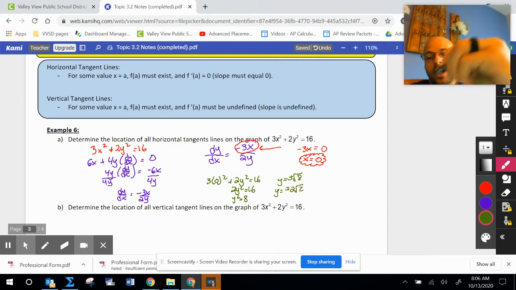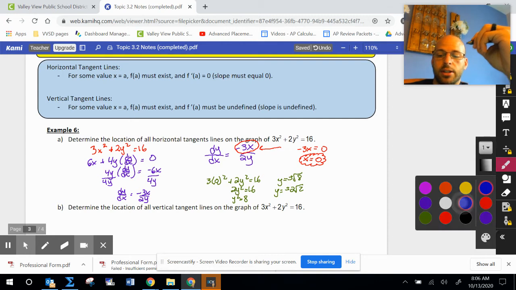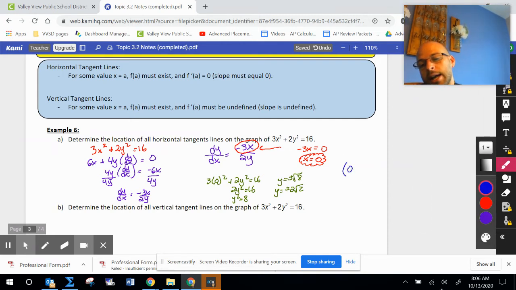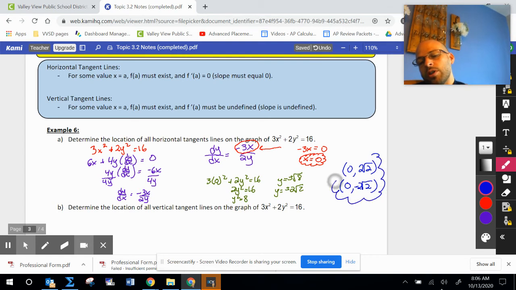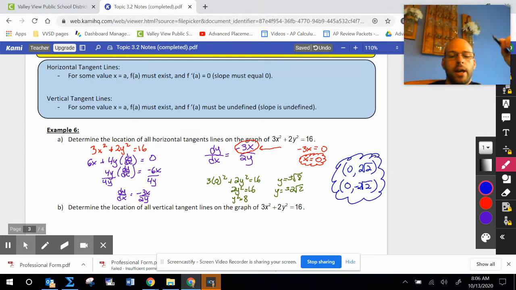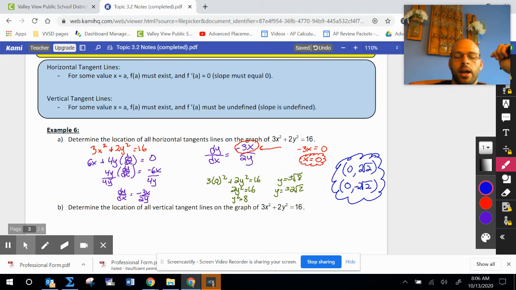So my answer for the horizontal tangents is (0, 2 square root of 2) and (0, negative 2 square root of 2). These are the 2 points where I have a horizontal tangent on that graph, which makes sense because it's an ellipse. You'll have horizontal tangents on the bottom and top of that ellipse.